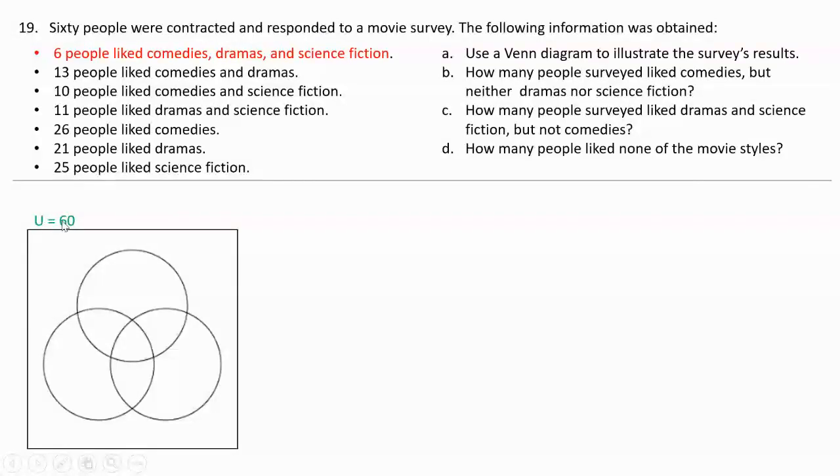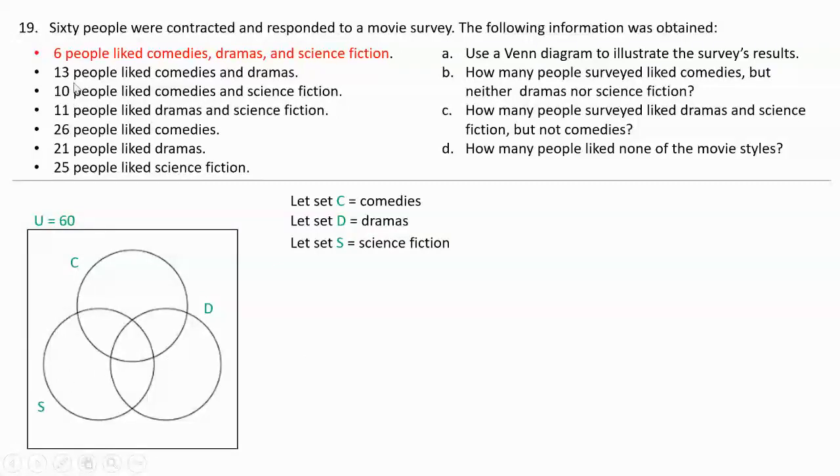We're going to let C be comedy, so let's let this set be my C. We're going to let D be dramas, so let's have the one here towards the right be my D set, and then let S be science fiction, which would be the one on the left.